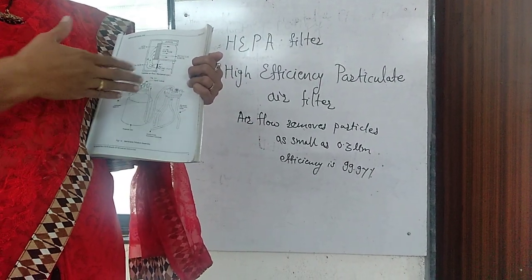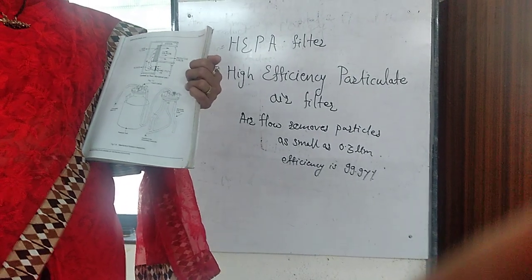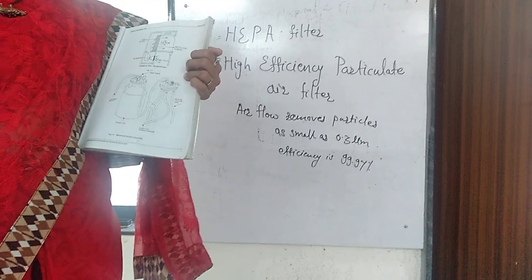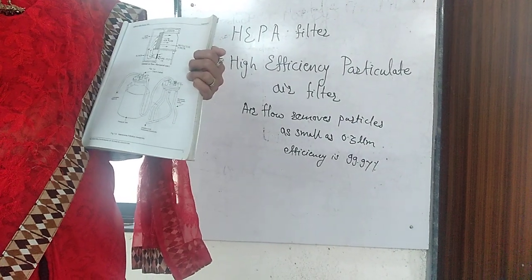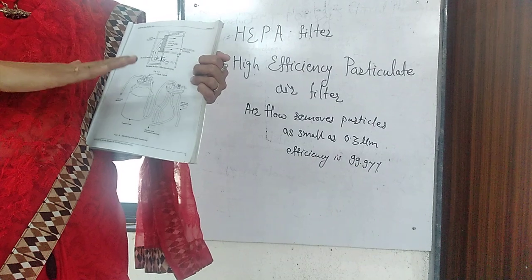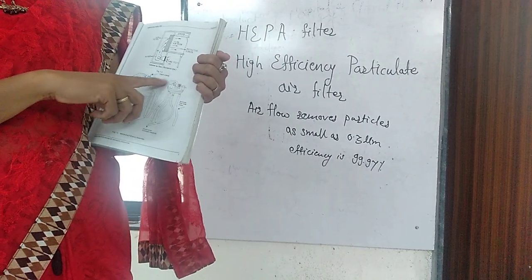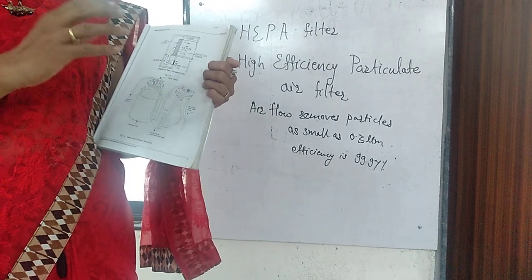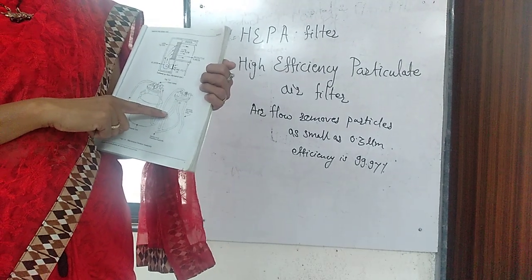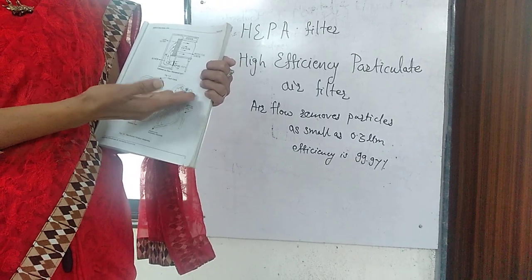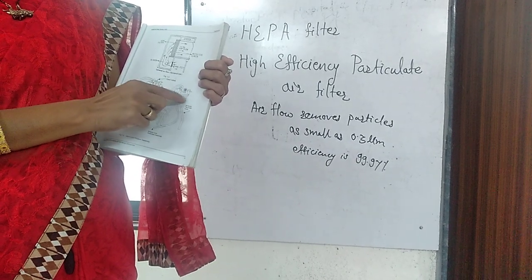So direct filtration through gravity will require too much time, months or years. That's why using compressed air, the process of filtration will be carried out in minimum time.